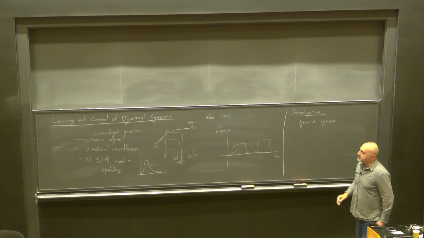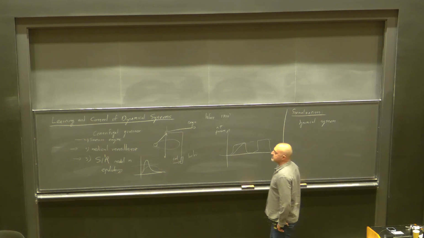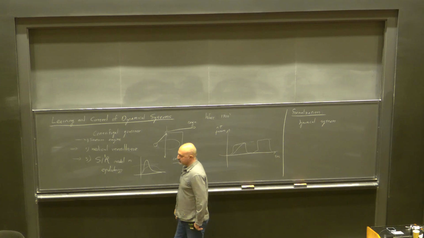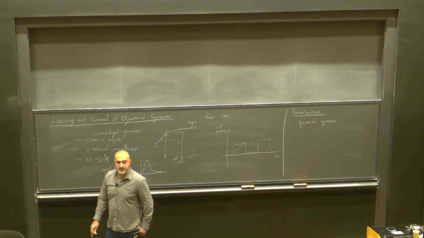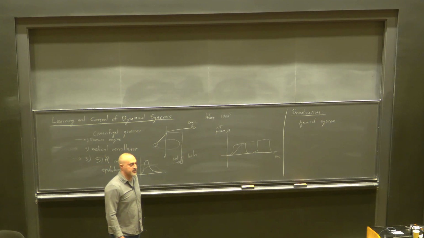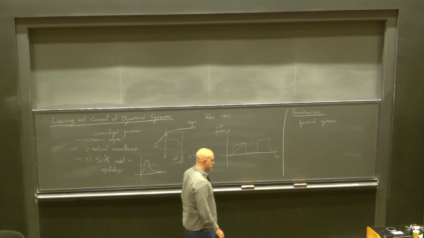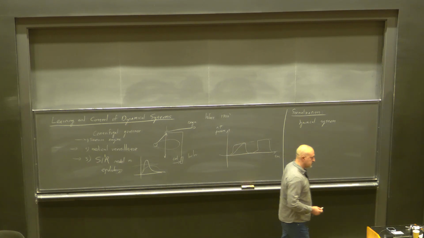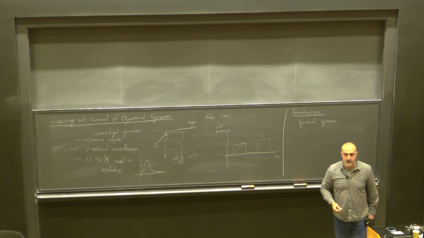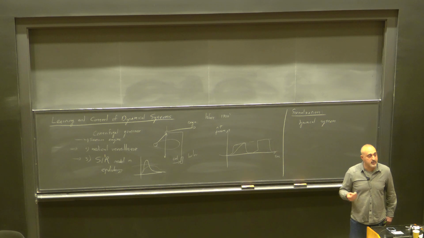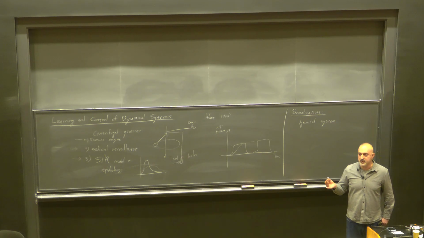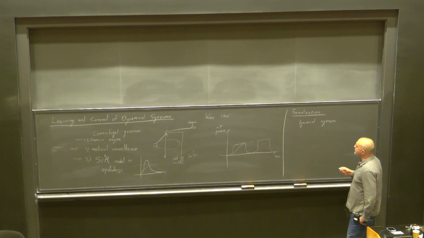A dynamical system can be a steam engine or a medical ventilator or a population dynamics in terms of the SIR epidemiology model, or a rocket, or the most interesting one is going to be an LLM or the human brain. To me, that's the most interesting one. So how do I represent that?